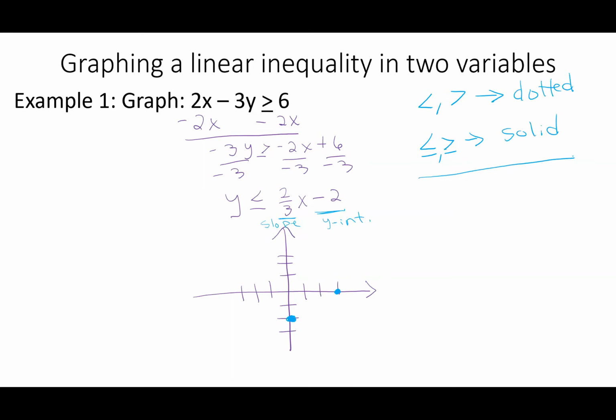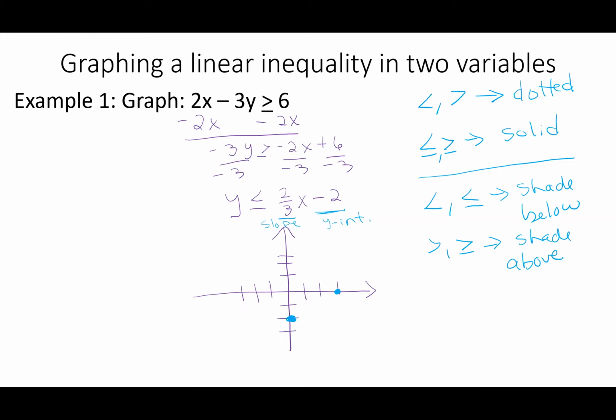After you draw the line, if you have less than or less than or equal to, you're going to shade below the line. Greater than or greater than or equal to, you want to shade above the line.